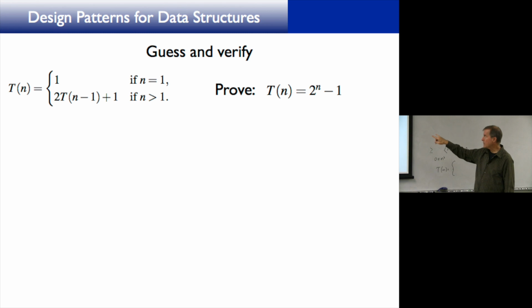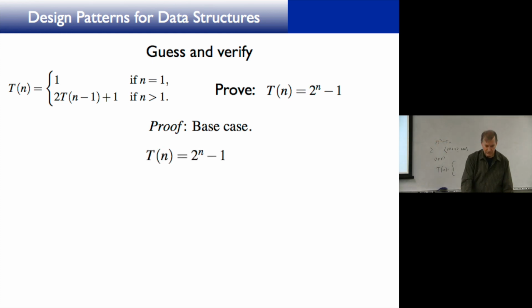So how can we prove that T of n equals 2n plus 1 is a solution to that? How do you set this up? It's by induction. How do you do the base case? You start with the proof and plug in the base case.